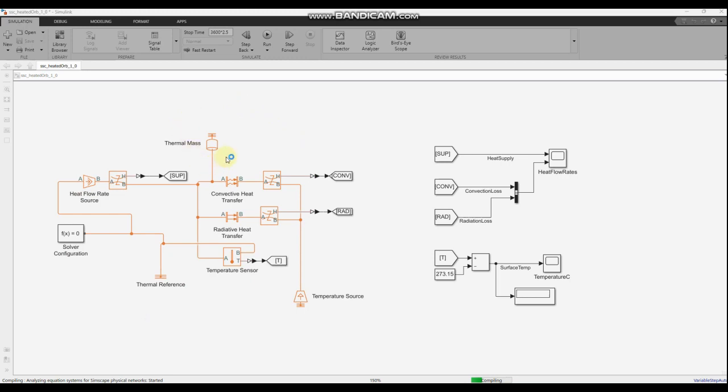So if my system had an extremely larger thermal mass, perhaps I would have needed a longer simulation runtime. And had the thermal mass been smaller, I would have required a lesser simulation runtime. That depends.